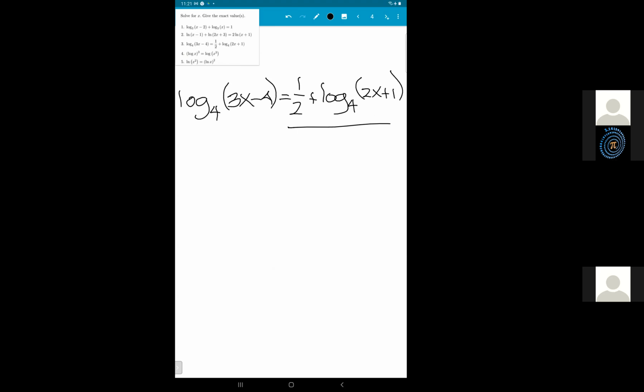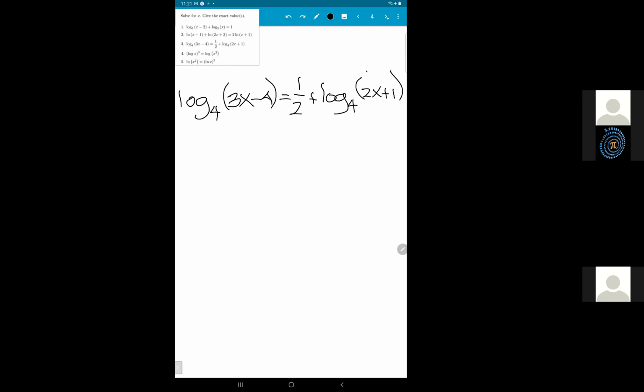But there's something you can do first to avoid that approach. You can first transpose everything that has logarithms to one side of the equation, and those without logarithms to the other side. So notice this one does not have a logarithm, only two terms contain a logarithm.